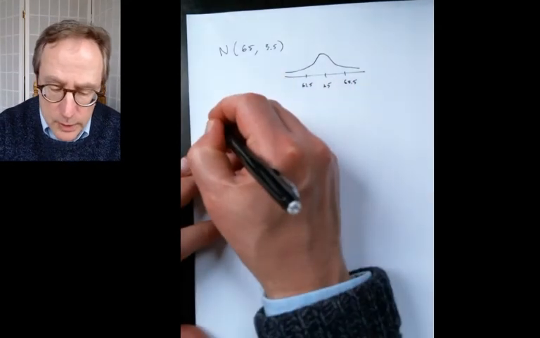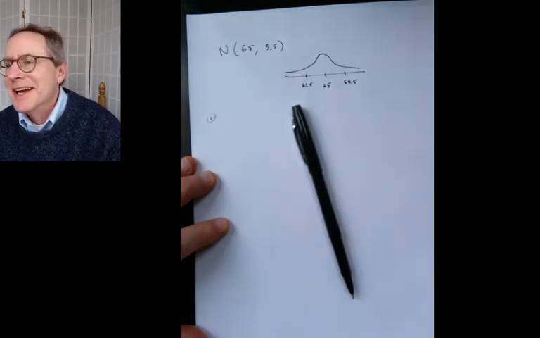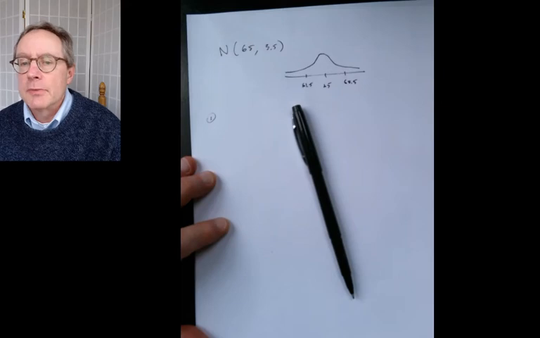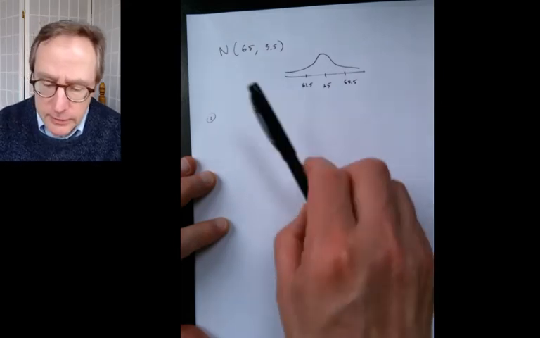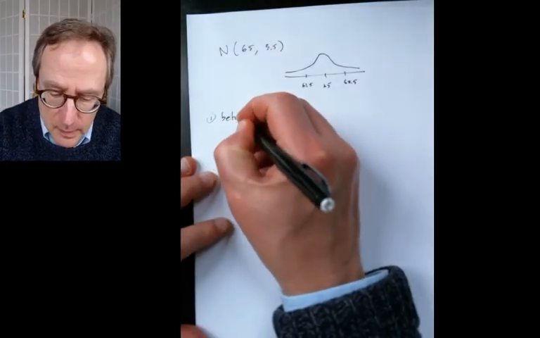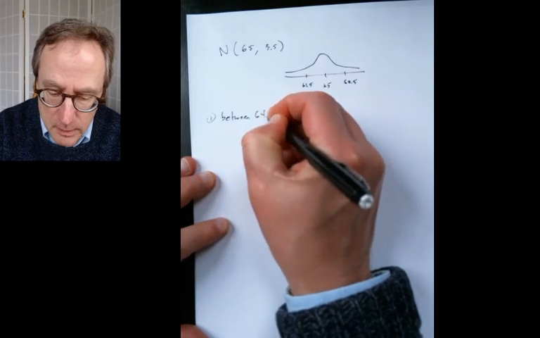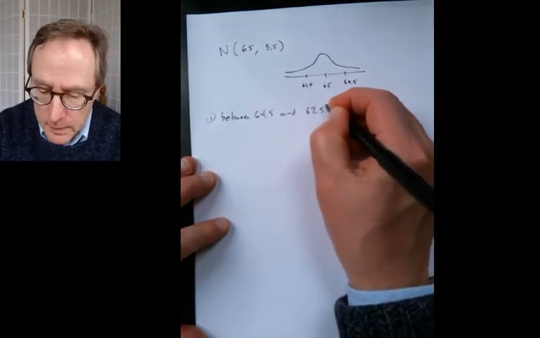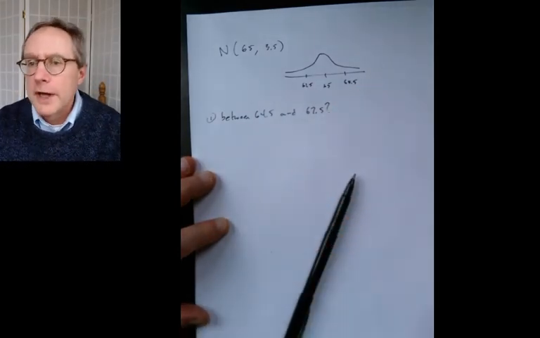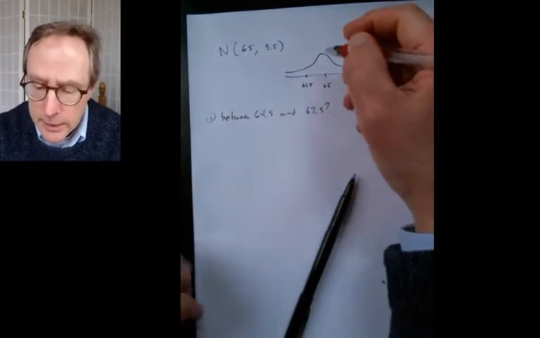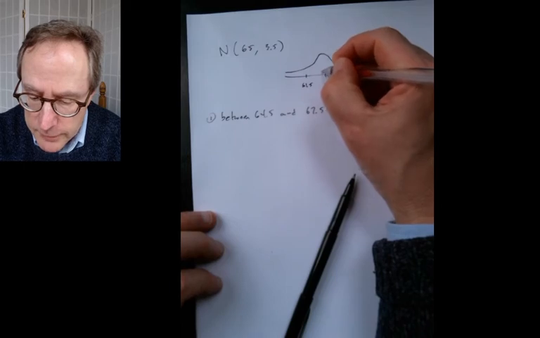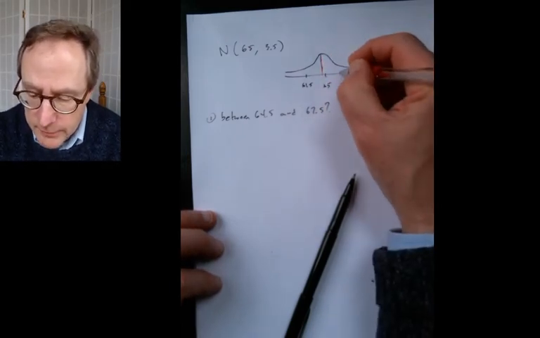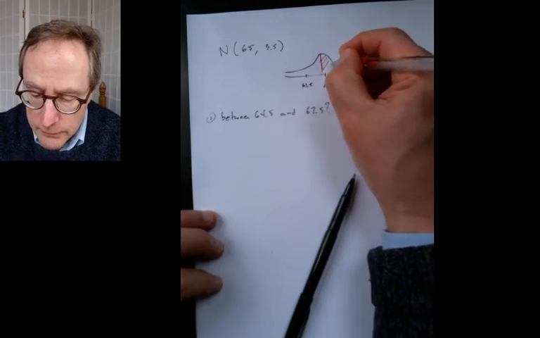Question one said between 64.5 and 67.5. So if I shade that the way Stackey would shade it, 64.5 is something like there, and 67.5 is something like there. So I'm looking for this area right here.